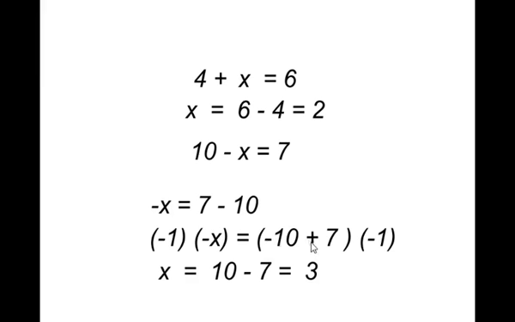And that 7 multiplied by a negative 1, since that's an opposite sign, will change over into a negative 7, because opposite signs multiplied together will give you a negative result. So you have positive 10 minus 7 equals 3.